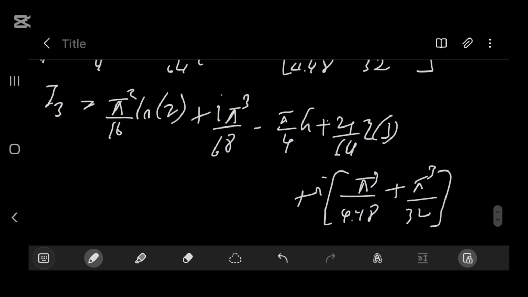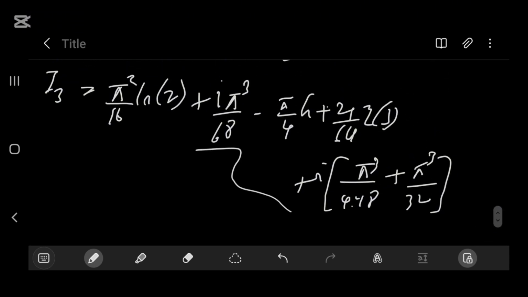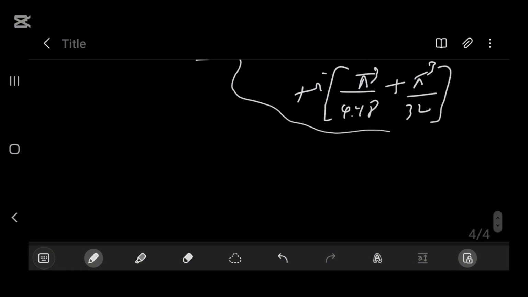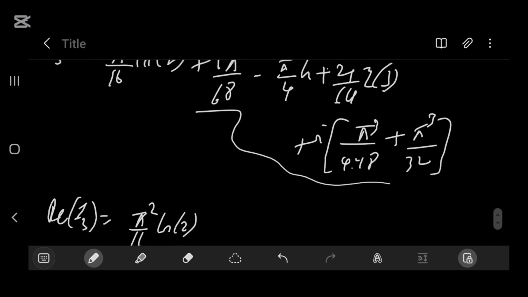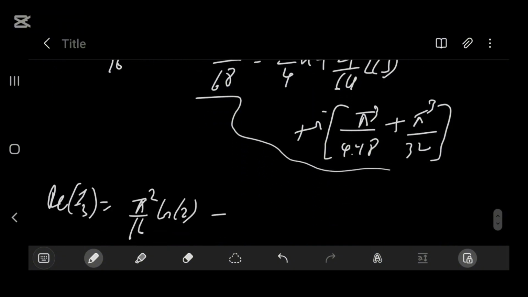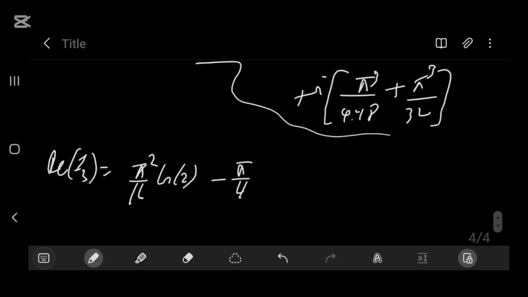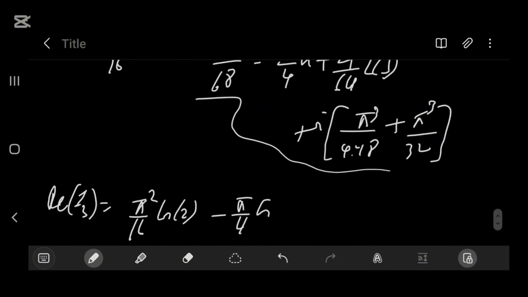And okay, well, we don't need these imaginary parts outside, we only need the real part of the answer. So the real part of I3 will become pi squared over 16 ln 2 minus pi by 4 and the Catalan constant plus 21 over 64 zeta of 3.